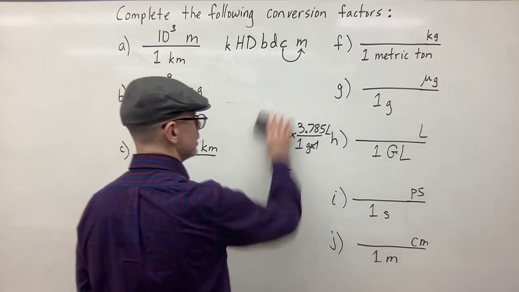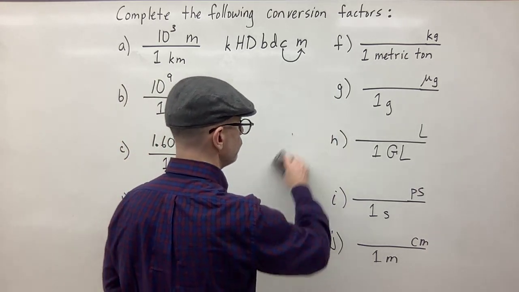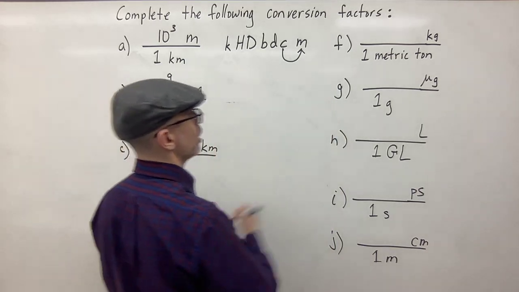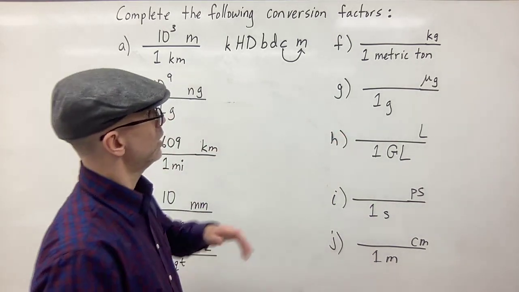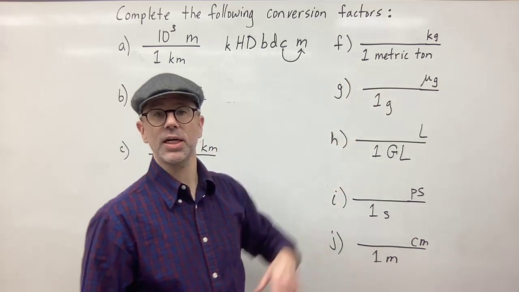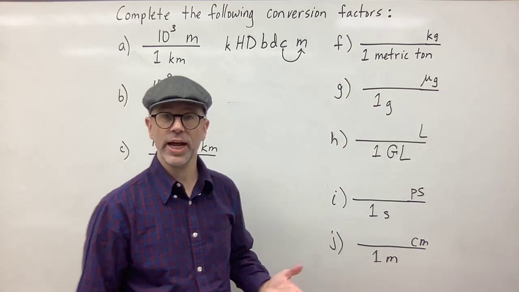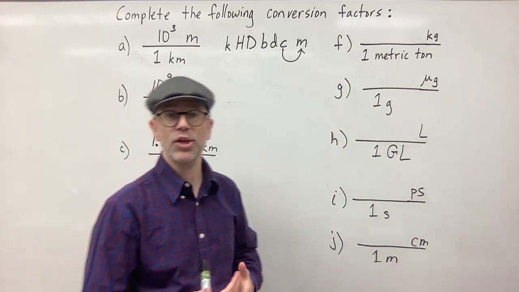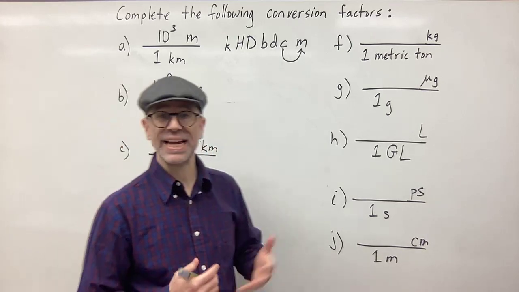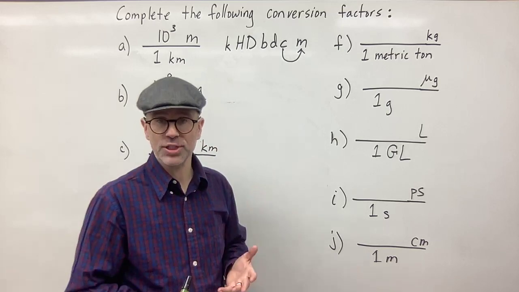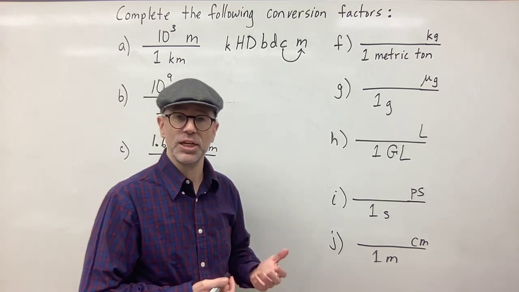Okay, next we have more metric. Here we have 1 metric ton equals blank kilograms. This might be one where you just need to memorize it. A metric ton by definition is going to be 1,000 kilograms. That is true by definition.